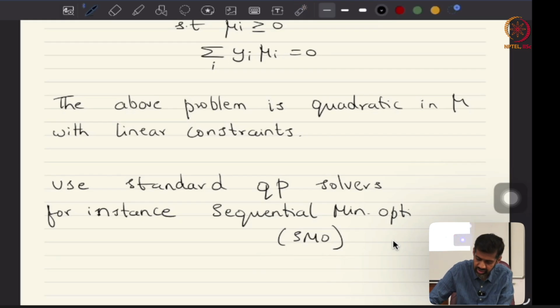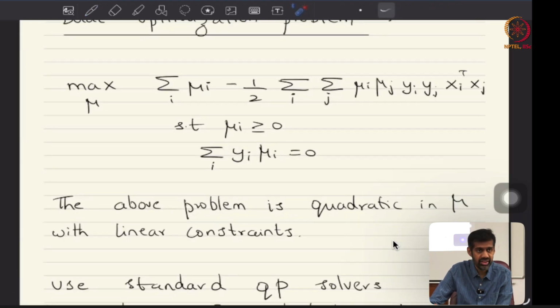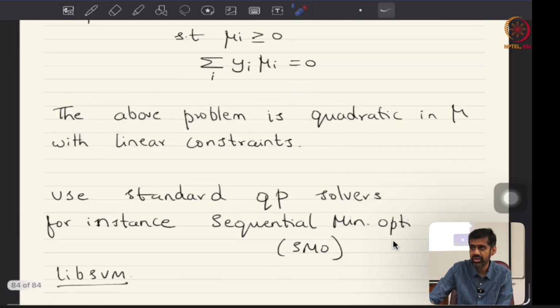I think it was originally written in C, and now there are Python wrappers and so on. Given a QP problem with linear constraints, it implements SMO to get the solution.